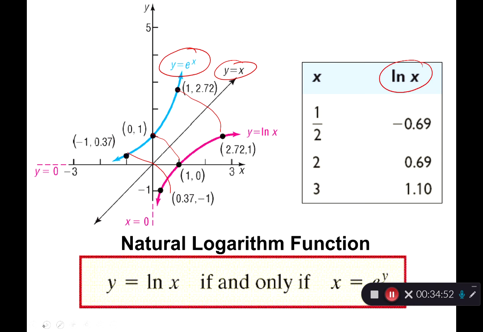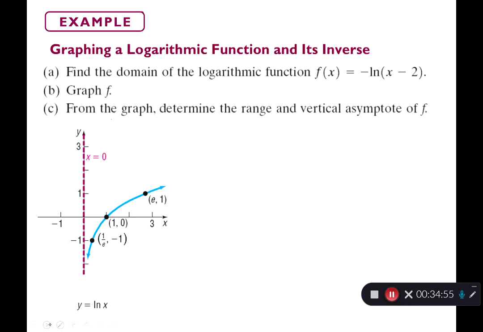All right, so here is your parent graph. Now for natural log, I probably would give you the parent graph because we are graphing by hand. But I definitely want you to know what transformations you're doing. So for example, the -2 will shift it 2 units to the right, and the negative in front of ln would do what?